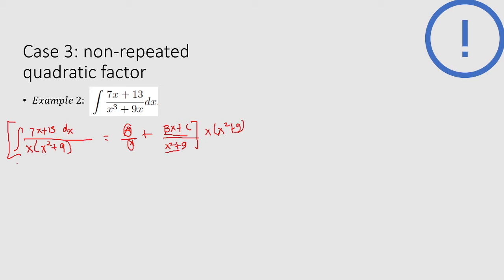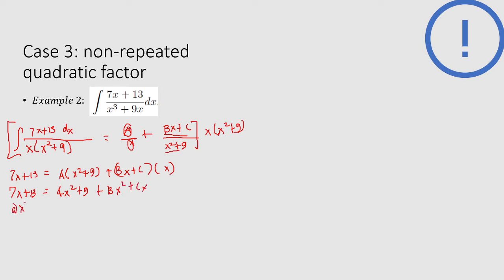So you have 7x plus 13 equals A times x squared plus 9 plus Bx plus C times x. This one is simpler kaysa sa example 1. So Ax squared plus 9A plus Bx squared plus Cx.